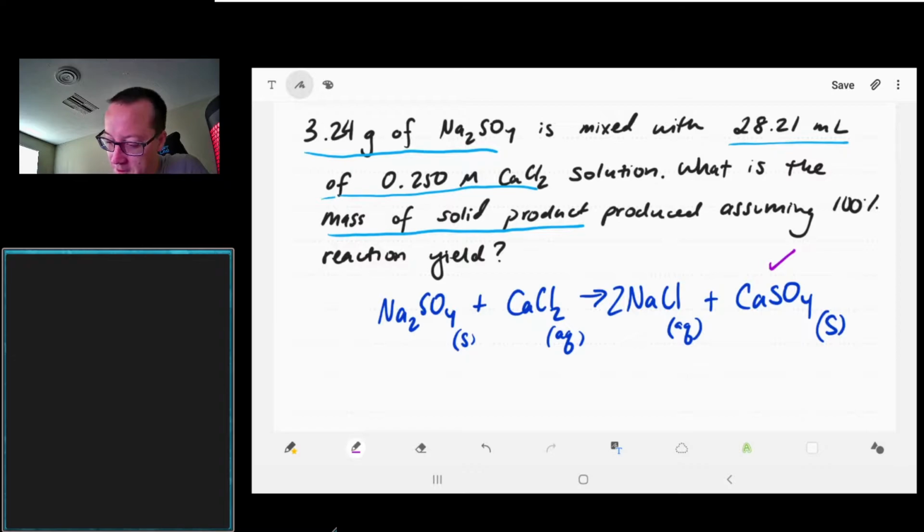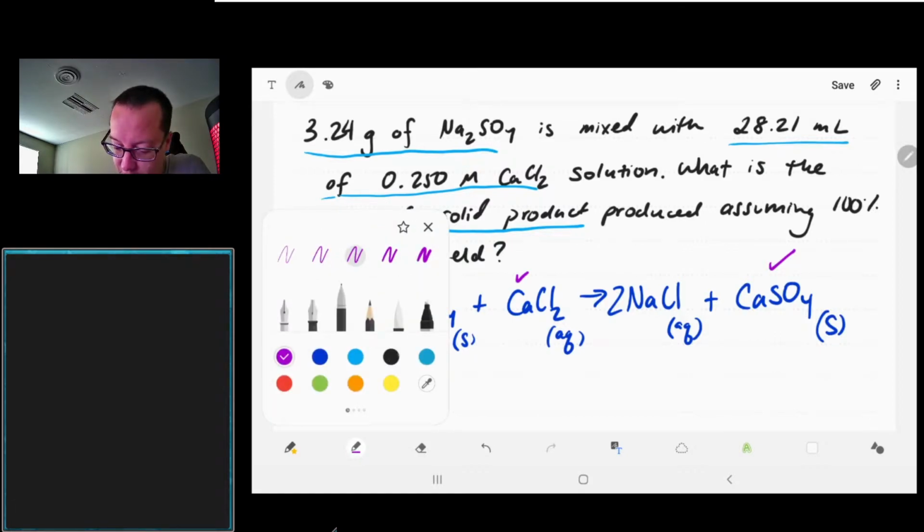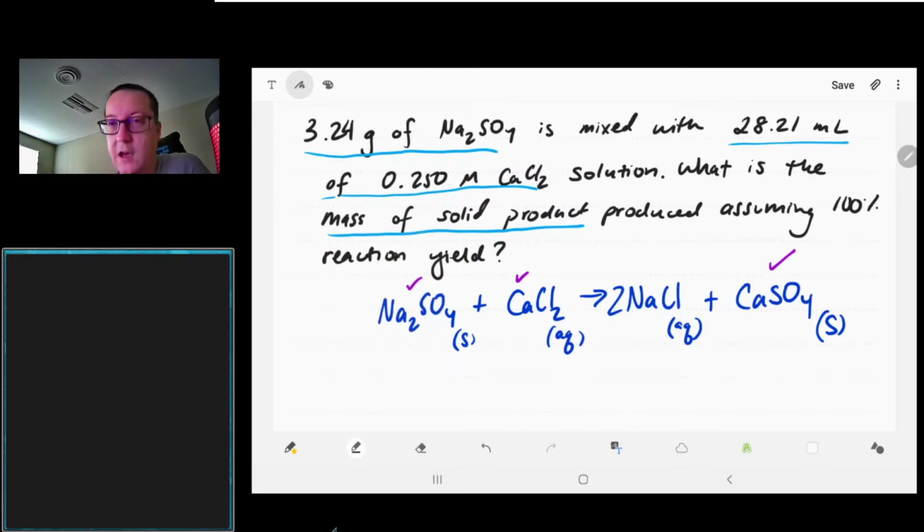Okay. So we have these 2 bits, and then we're looking for calcium sulfate. So now we can finally do our stoichiometry. Because we have information about 2 reactants, this is going to be a limiting reactant problem.